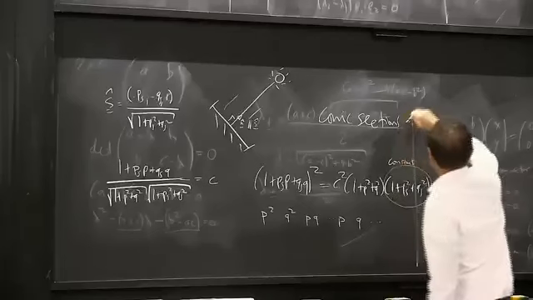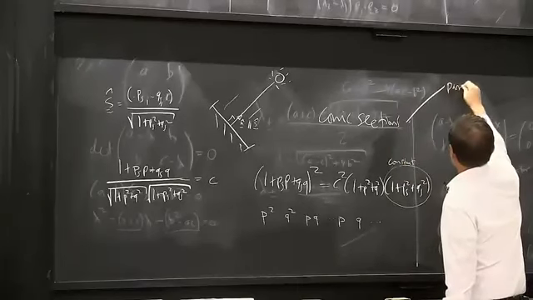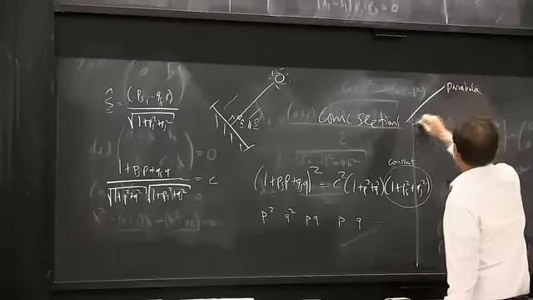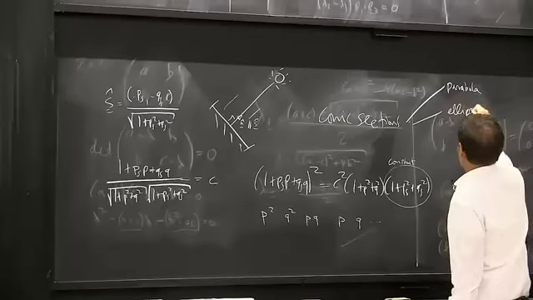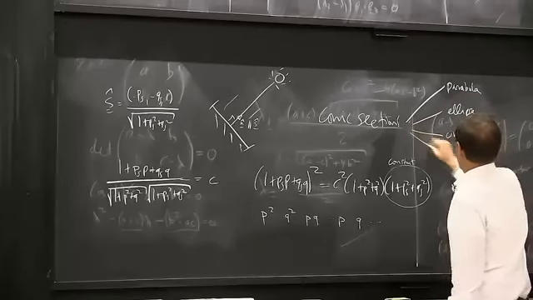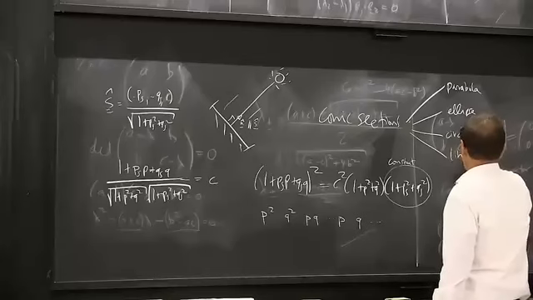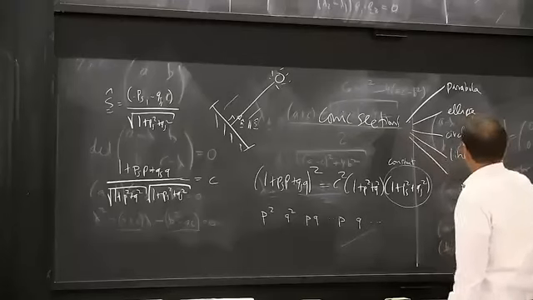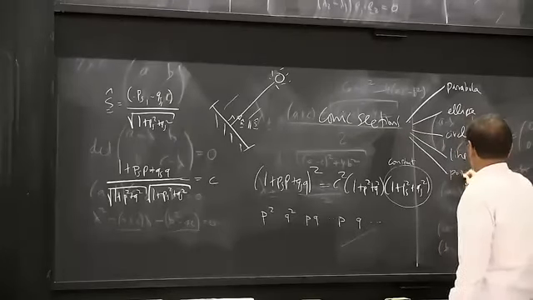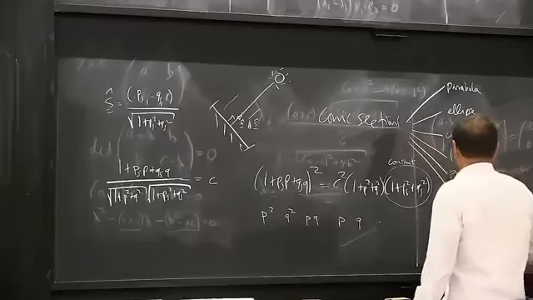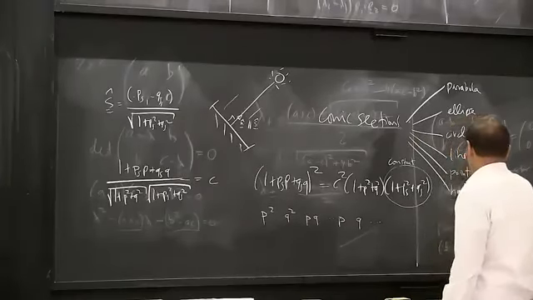And so, yes, we can have a parabola. We can have an ellipse. We can even have a circle. We can have a line, a special degenerate case. We can have a point, an even more special degenerate case. And we can even have a hyperbola.